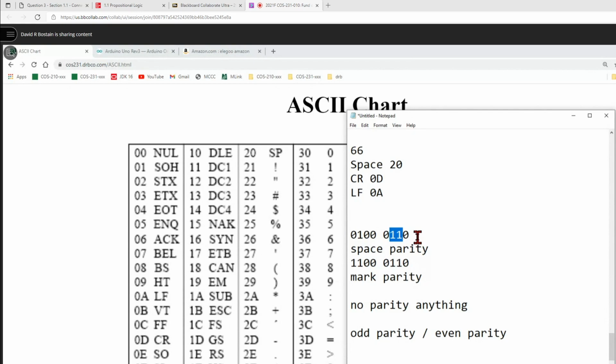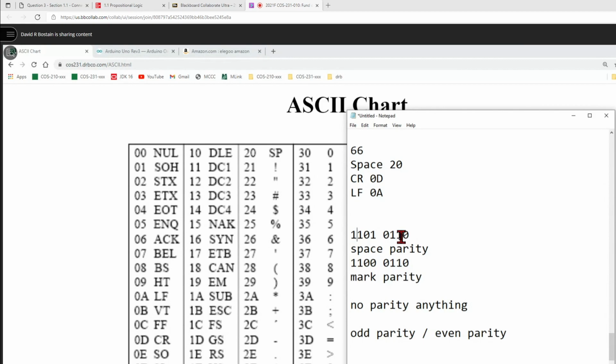If that number is an odd number, it puts a 0 at the beginning. If it were an even number, which it's not, but let's say it were this number, it's even and it needs odd parity, so it would make the first one be a 1, so that the total number count here is an odd number.